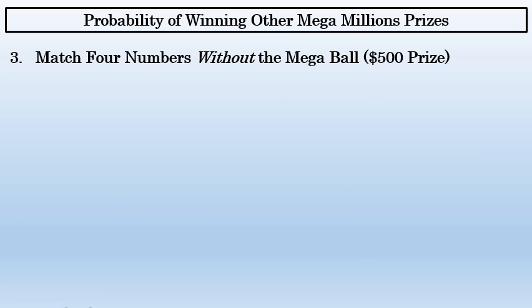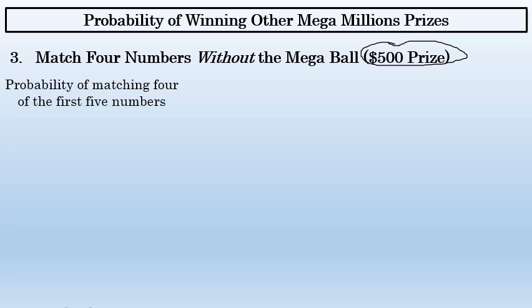Calculating the probability of matching 4 numbers without the mega ball, the next highest Mega Millions prize, $500, is fairly easy because we just did most of the work. What we have to compute here is the probability of matching 4 of the first 5 numbers, which we just found, and multiply that by the probability of not matching the mega ball.